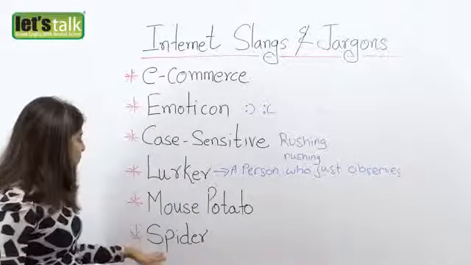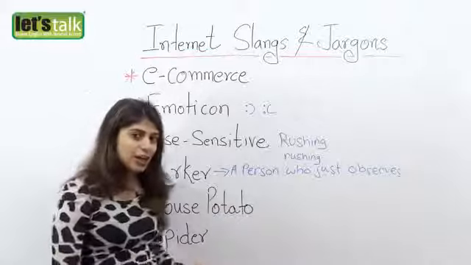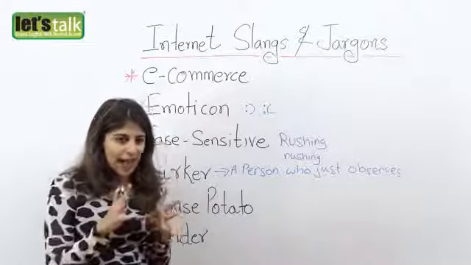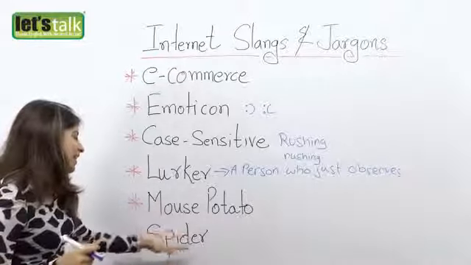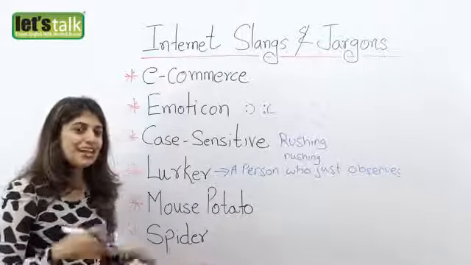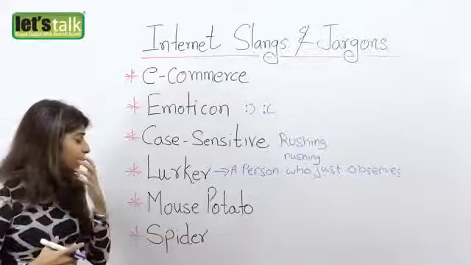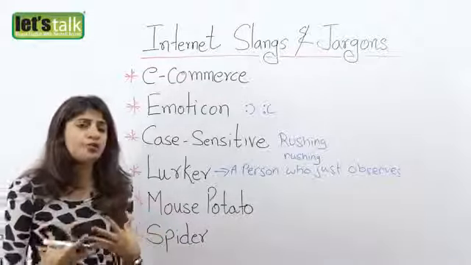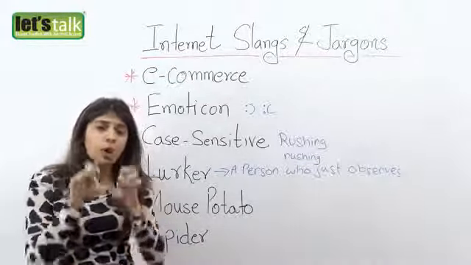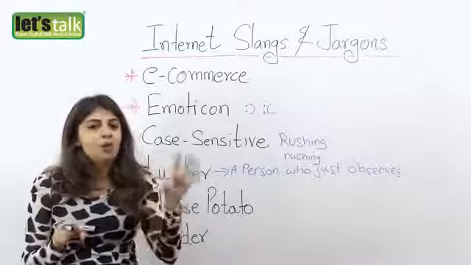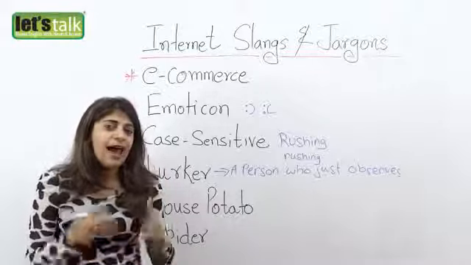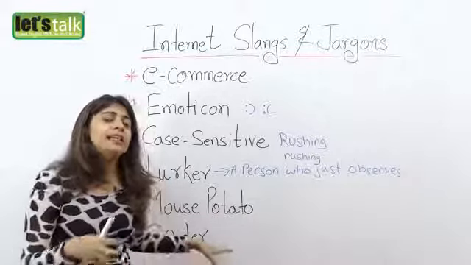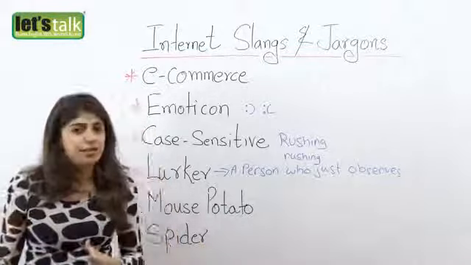And then the last one we have is spider. Spider is not that creepy spider that I'm talking about. It belongs to the internet world. It is a program which is used by a lot of search engines, which crawls through all the websites, collects all the information, and helps set up an index for the search engine.